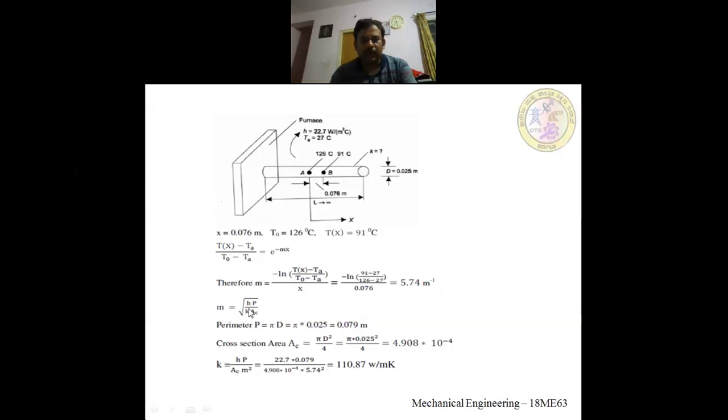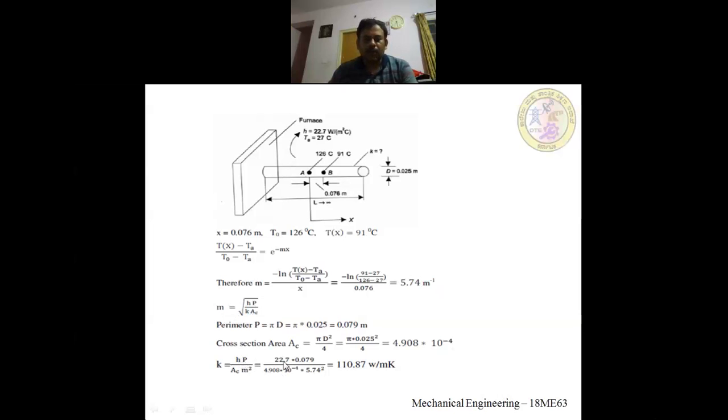And this formula has to be simplified for k. You know, m squared is equal to hP by k times A_c. If you remove the square root, this will be m squared. So what will be k? It is nothing but hP by m squared A_c.